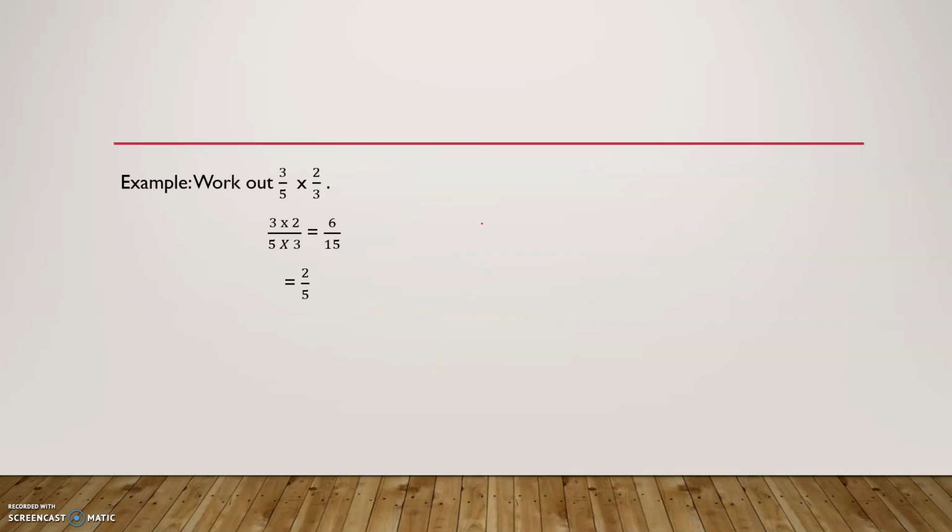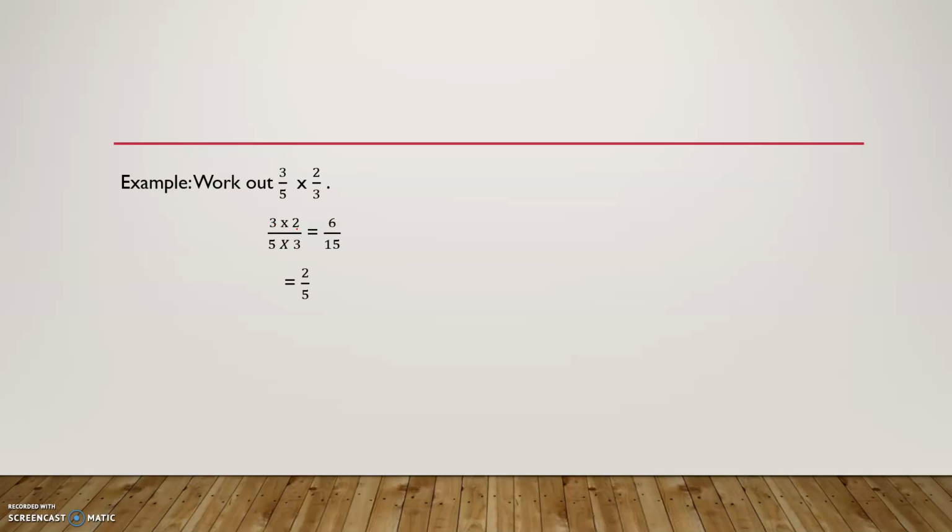Okay, so moving on to the next example. It says work out 3 over 5 times 2 over 3. So all we have to do is write 3 times 2 for the numerators, and then on the denominator, we go 5 times 3.